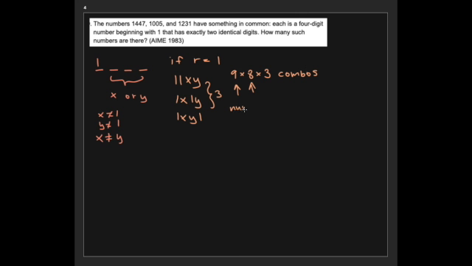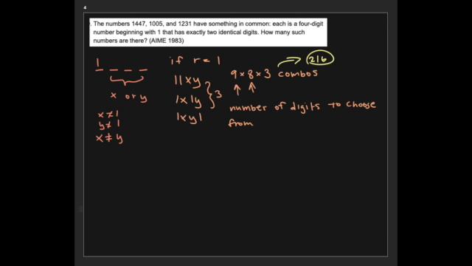So we multiply the numbers to find out how many combos there are if 1 is the repeating number, and that number would be 216.